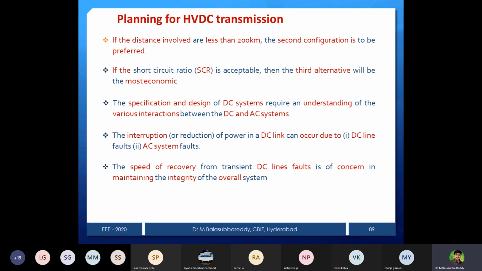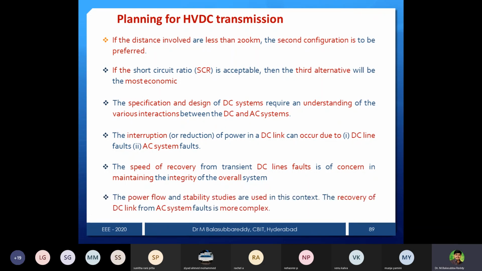So during those conditions, the DC link power will also reduce. The speed of recovery from a transient DC line fault is of concern in maintaining the integrity of the overall system. That is, how much time is taken to recover from that fault. Suppose any fault has occurred, a DC line fault or an AC system fault, the DC link will be interrupted, but how fast it recovers is also a major constraint here.